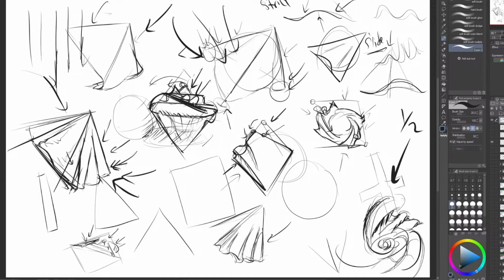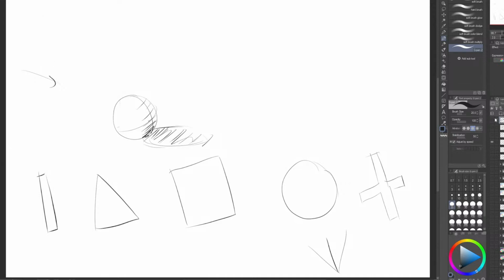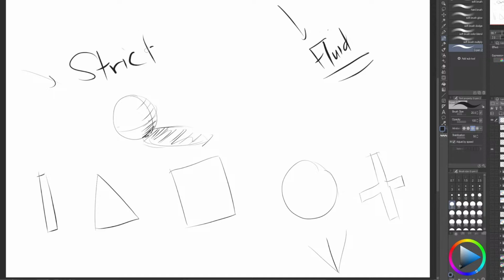So maybe a problem with fabric is if you bend it wrong, and maybe this is also a feature, you can turn it into a fluid. So if you do these bends wrong, it's going to become like a fluid, and if you do it right, it's going to remain to its strictest nature.